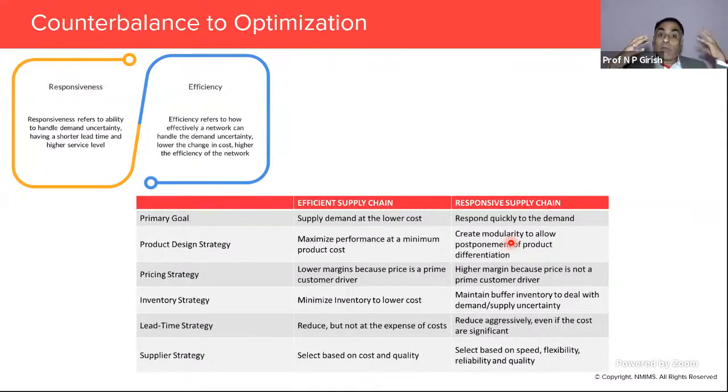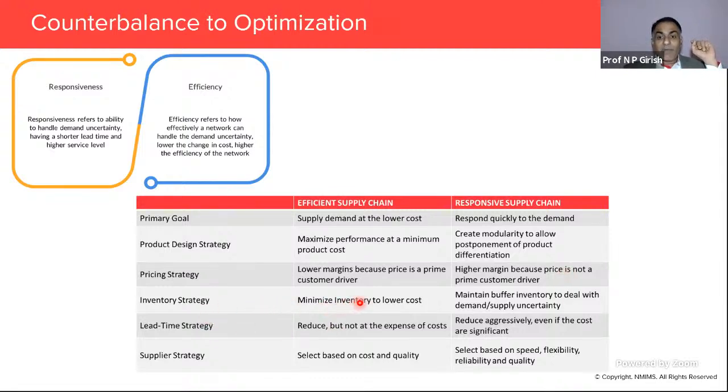They are all talking about modular design, responsive supply chain. Pricing, low margin for efficiency, and here we are talking about higher margin. Why? Because responsiveness is my strategy. Quick service. So whoever wants quick turnaround will come to me. They'll be willing to pay a bit of a premium.